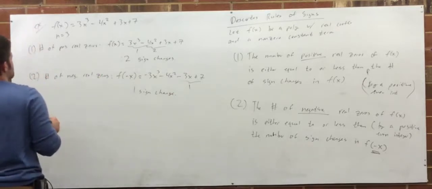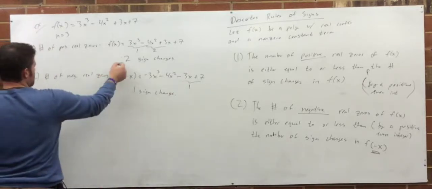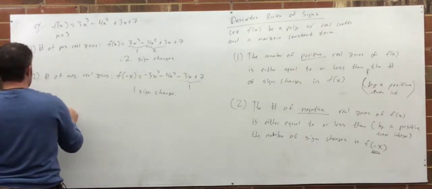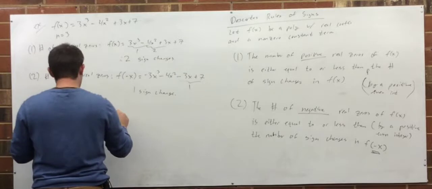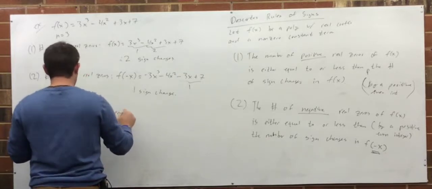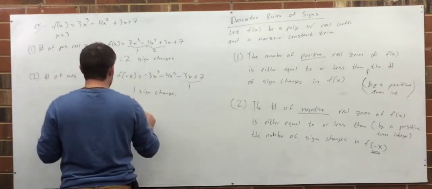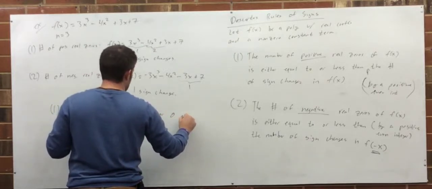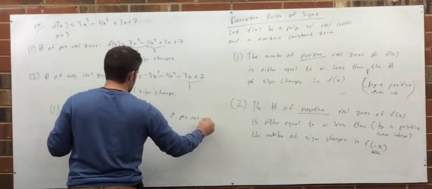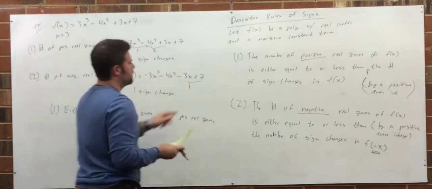So what does this tell us? Well, number 1 says we either have 2 positive real zeros or 0 positive real zeros. Because that's what the rule says.